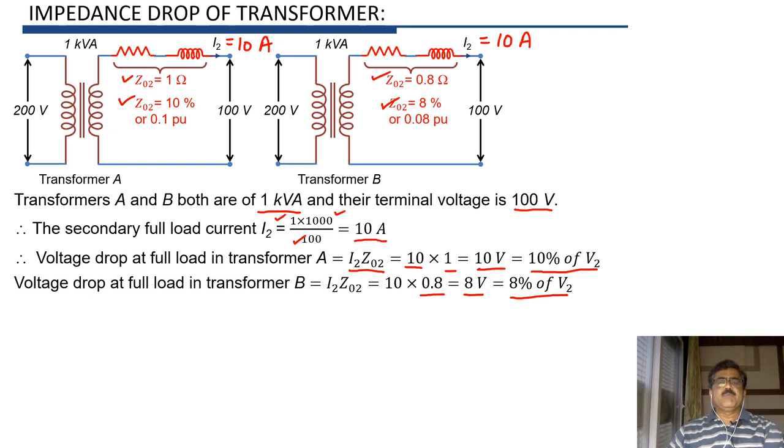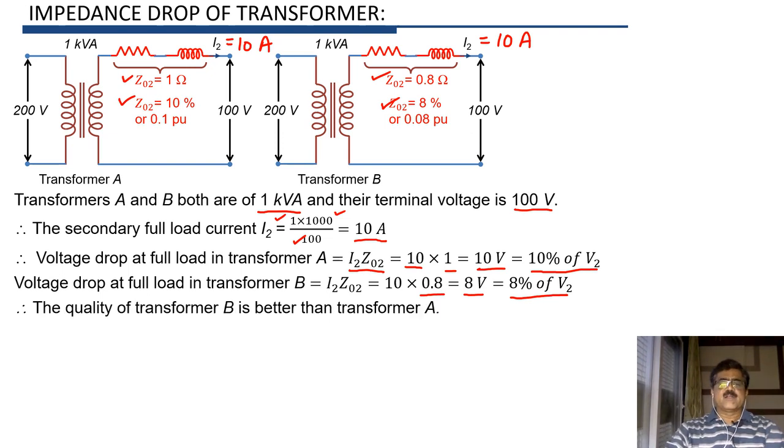In transformer B, impedance is 8%, whereas in A it is 10%, and therefore definitely transformer B is better as compared to transformer A. But these ohmic values we cannot directly use to judge the transformer if kVA ratings of transformers are different.